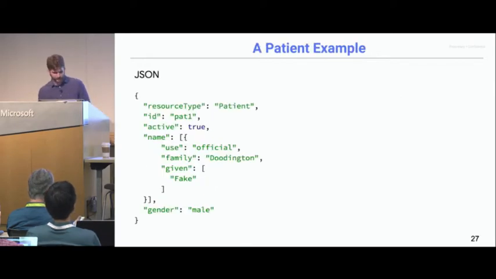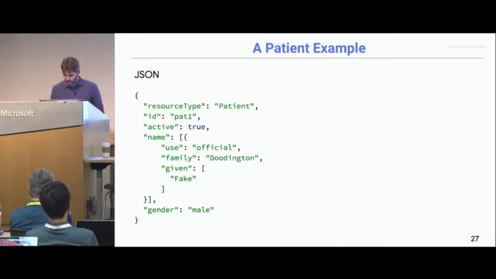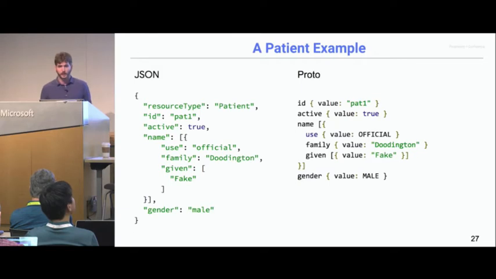So let's take a look at a quick example. Here's our patient Fake Dudington, represented here with pure FHIR JSON and represented here as a proto. A couple of things I want to point out: look, for instance, at the number of strings that have to get stored. On the left, basically everything is a string. And on the right, the only things that are stored as strings are the actual strings.